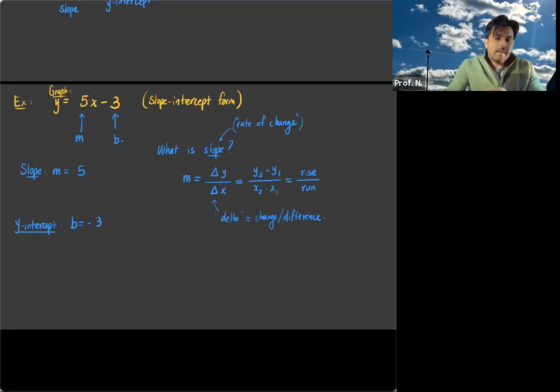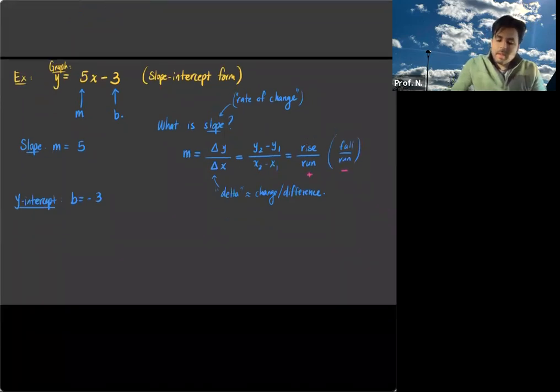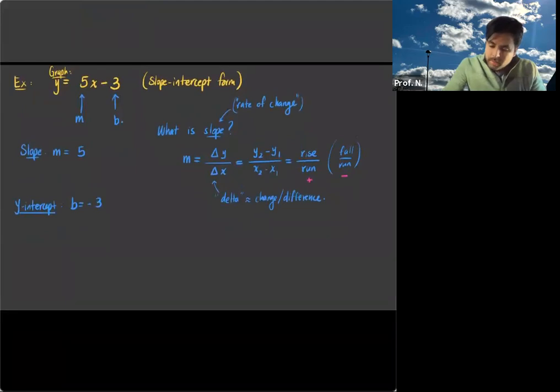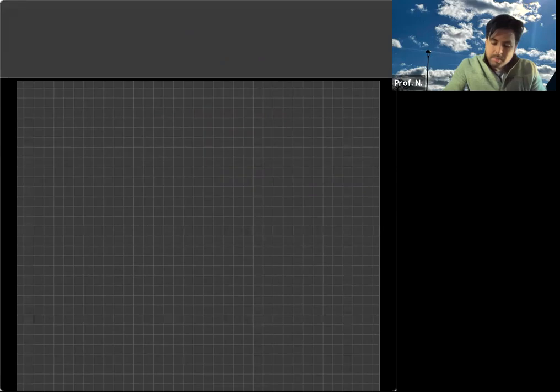But that's if the slope is positive; if the slope is negative, instead of rise, you can think of fall over run, and that's when this is negative and this is positive. I'm going to draw this on a separate graph here.